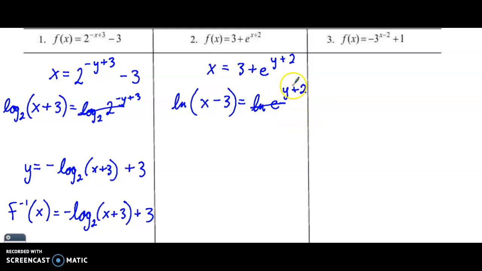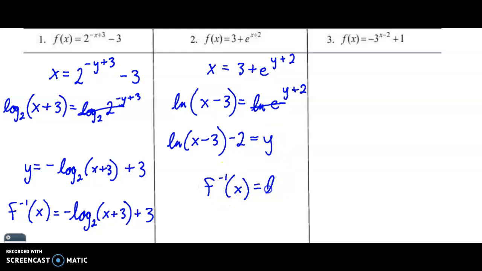And now it's y plus 2, so it makes perfect sense just to subtract 2 to the left side. You still have natural log of x minus 3 there, and just close your parenthesis. So as I would write this answer, I would just rewrite y as f inverse. There you go.